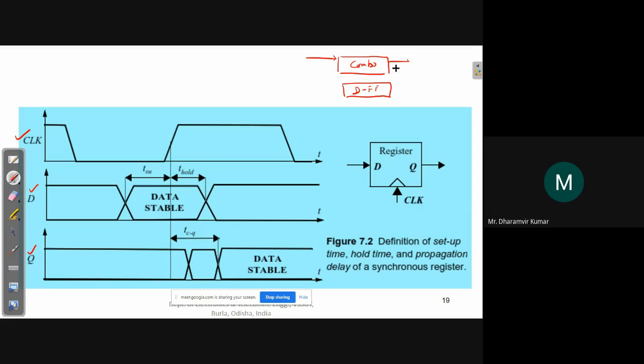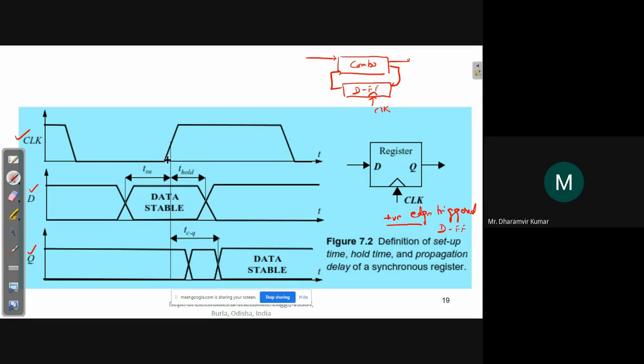This was input, this was output, this was fed here, and this was coming here. This was the clock signal. According to the definitions that we had just seen, this is an edge triggered flip flop. Let's say this is a positive edge triggered D flip flop.